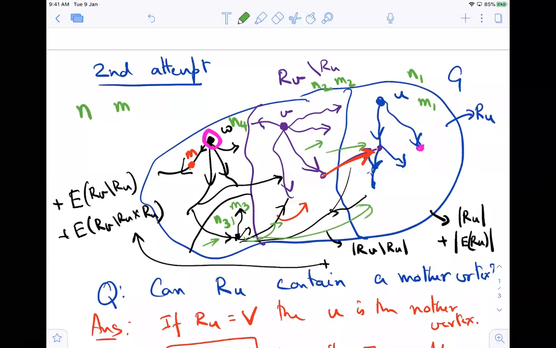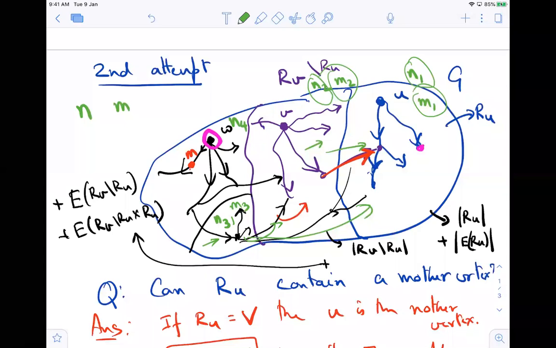So note that this is a partition, and the crucial part is that the first DFS takes order N1 plus M1. The second DFS takes order N2 plus M2. The third DFS takes order N3 plus M3. And when you add it up, it is no longer n times n, or n times the number of times you are multiplying.